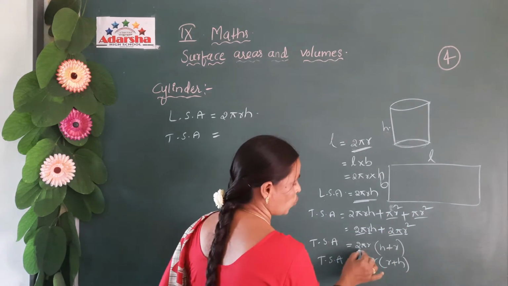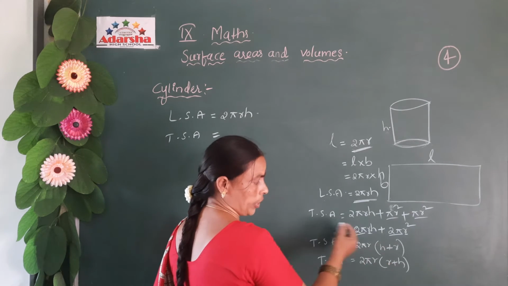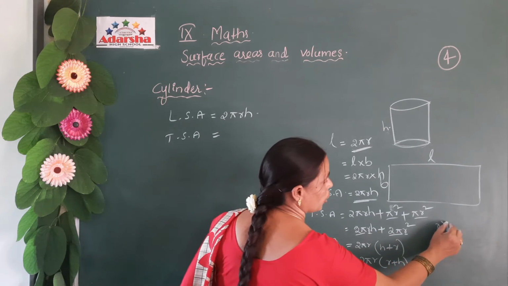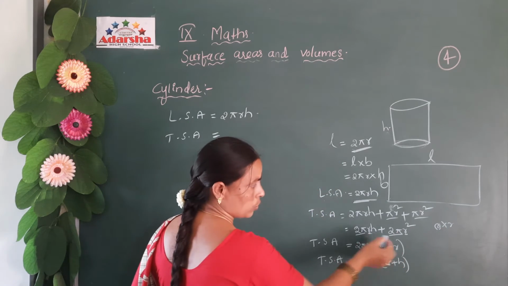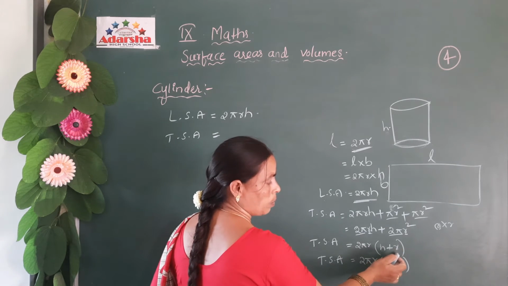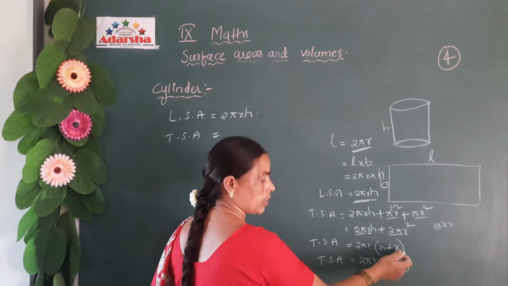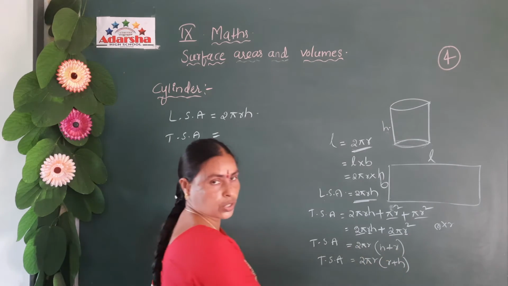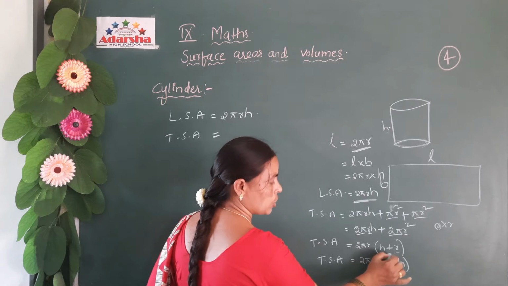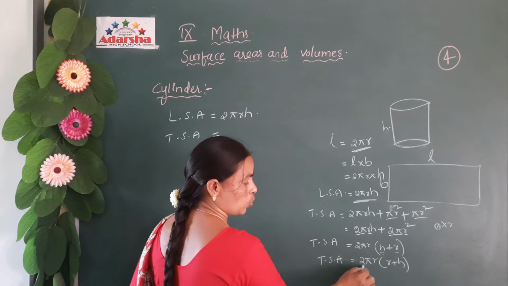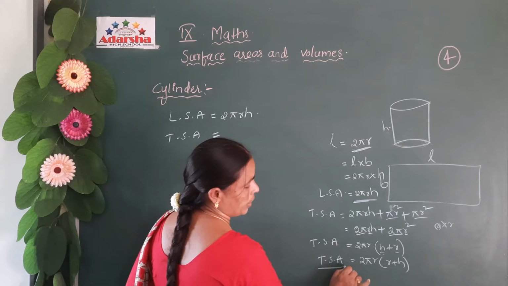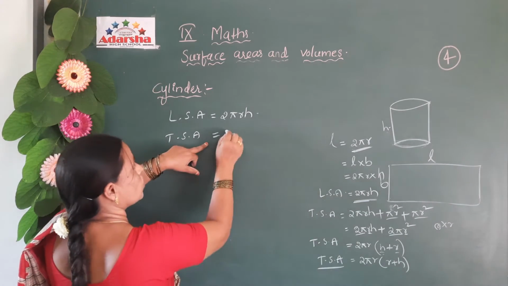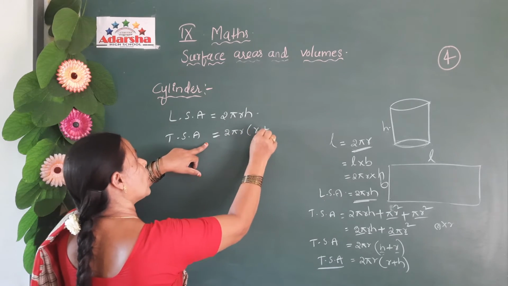In these two terms 2 pi r is common. Take it out: in the first term h is left, and in the second, r into r minus one r leaves r. Changing the order, 2 pi r into r plus h is the TSA of the cylinder.